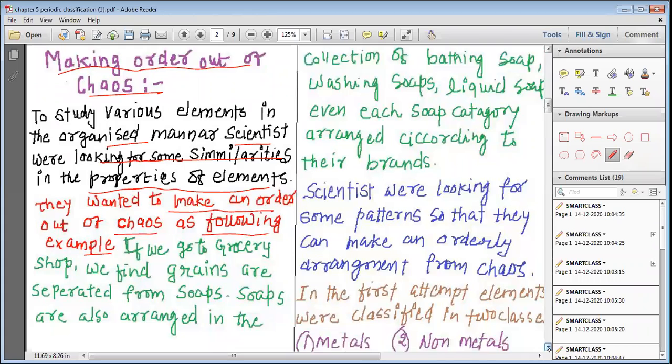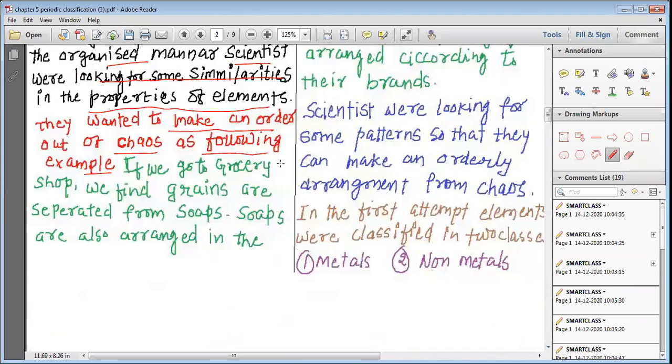Now, my dear students, when you go to the grocery shop, you will find that the grains are separated from the soaps. Even the soaps are classified into shampoos, bathing soaps, and washing soaps. And then, according to the various companies, these soaps and detergents are arranged.